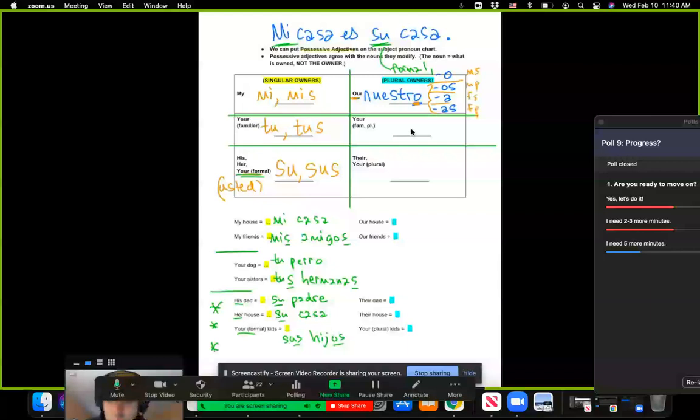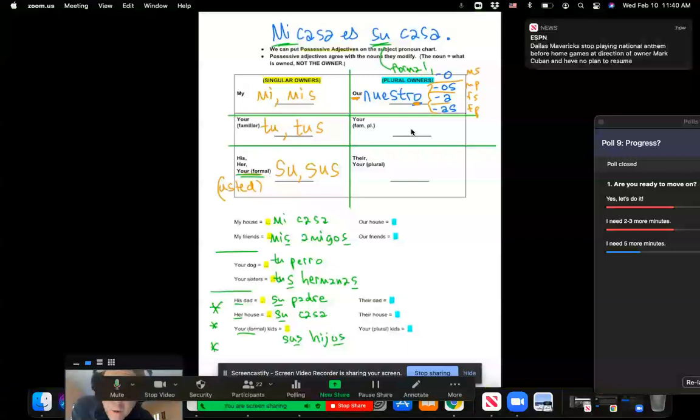We are still us. It doesn't matter what our gender is. This is not nosotras. This is modifying something that we have. Our dog, nuestro perro. We have two. Son nuestros perros. Our house is nuestra casa. Our grandmas are nuestras abuelas.